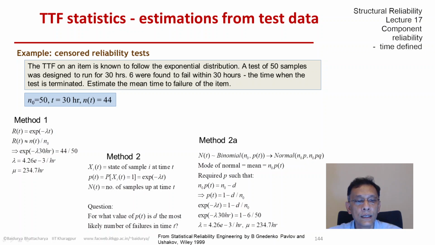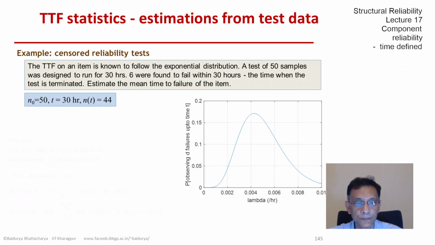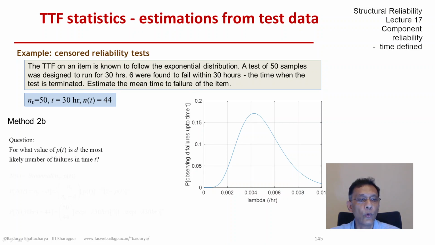I could not make the normal approximation. I could stay with binomial, and let's see what answer we get in that case. So the question is that what value of p makes d the most likely observed number of failures. So n is binomial, as I said, and I'll not make the approximation.